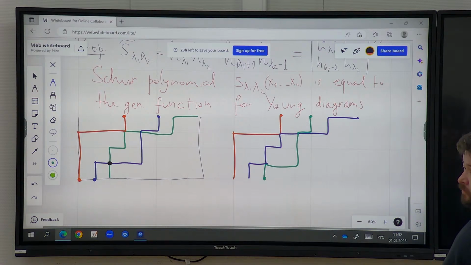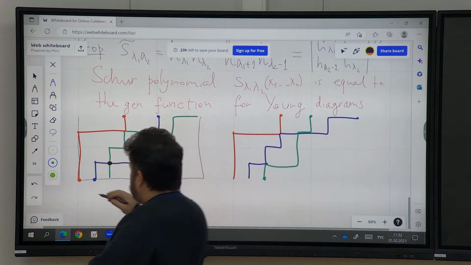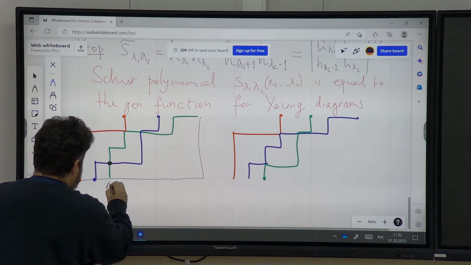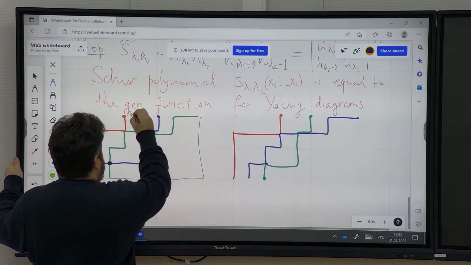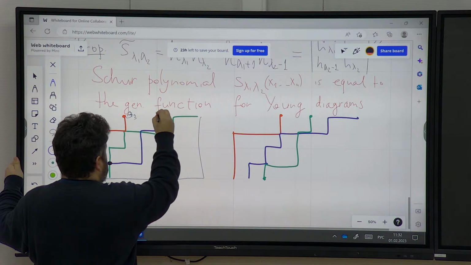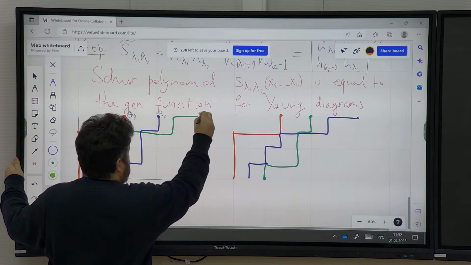So you see, I swapped them, and now they were joining paths A1, A2, A3 in this order, B3, B2, B1.